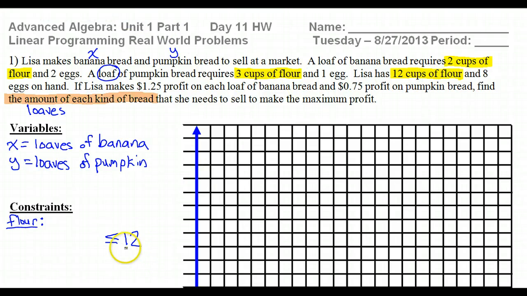We have a total of 12 cups of flour, and we're going to use 2 cups of flour for every loaf of banana bread, and 3 cups of flour for every loaf of pumpkin bread. So this is where the rest of the inequality comes in. Since banana bread is x and pumpkin bread is y, it'll be 2x plus 3y.